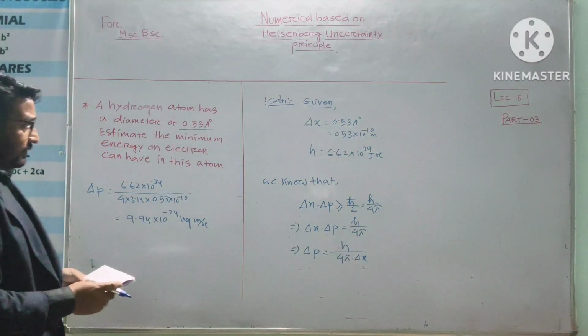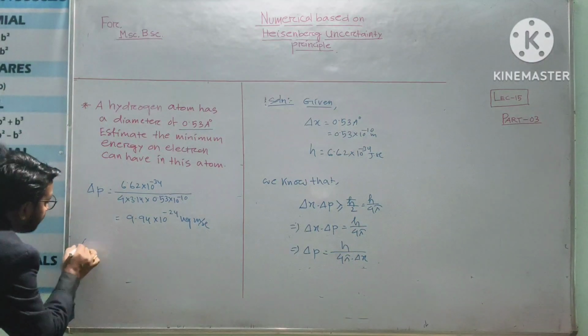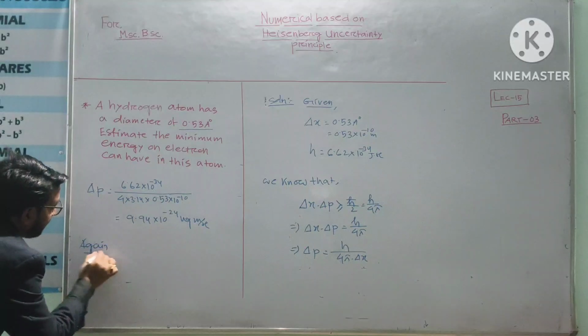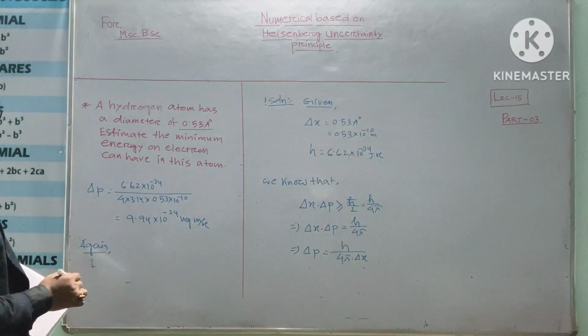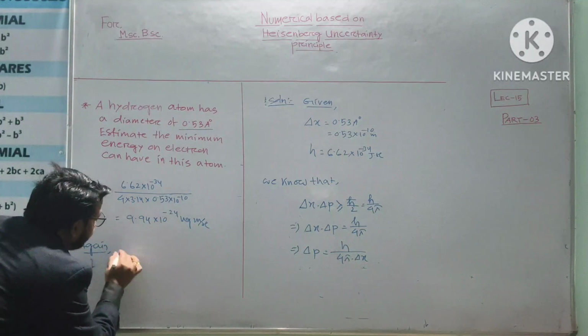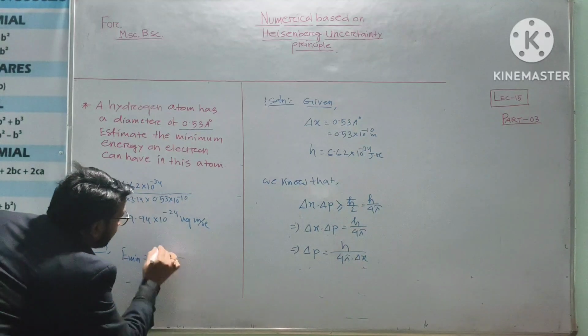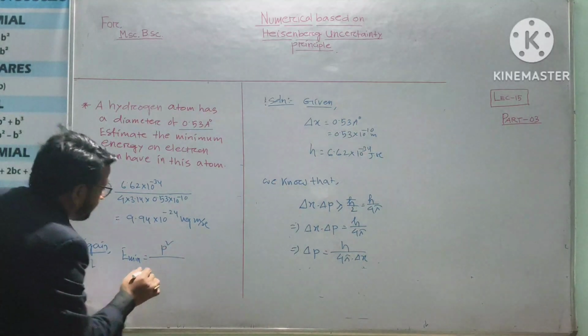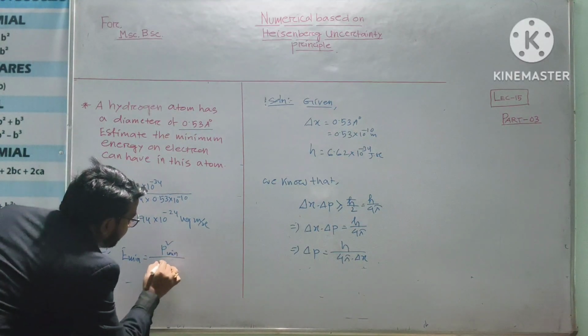Now we are going to find the minimum energy. Estimate the minimum energy. So E minimum equals p minimum squared divided by 2m.